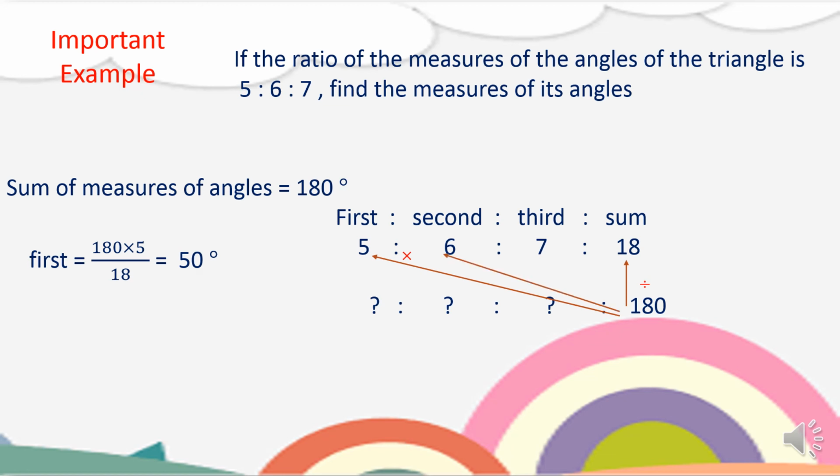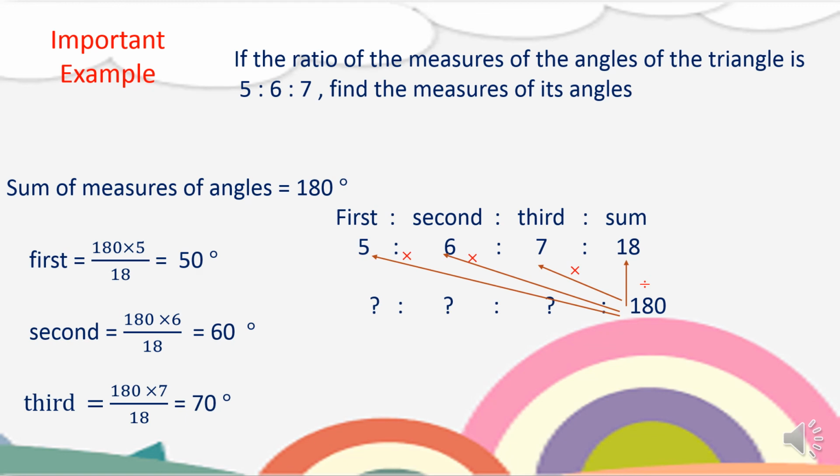And the second angle, I multiply by crossing, 180 times 6 over 18, equal 60 degrees. And the third angle equals 180 times 7 over 18, equal 70 degrees.